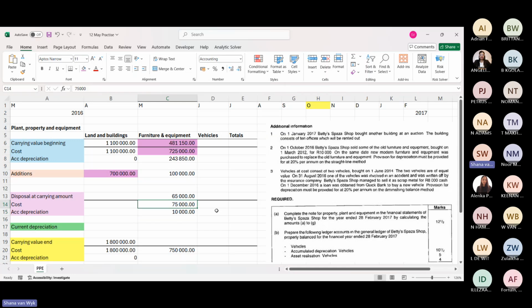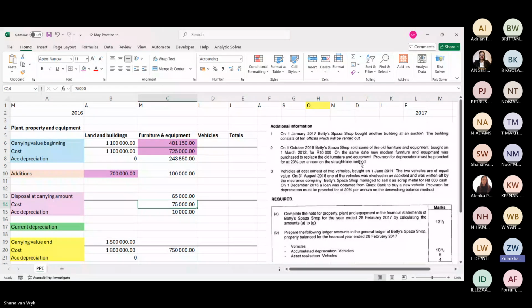But it was 75,000 initially. Why is it, in 2012, bought for 10,000? Wait, bought on 1 March for 10,000. We bought it for less than it sold. On the same date, new modern furniture was replaced.